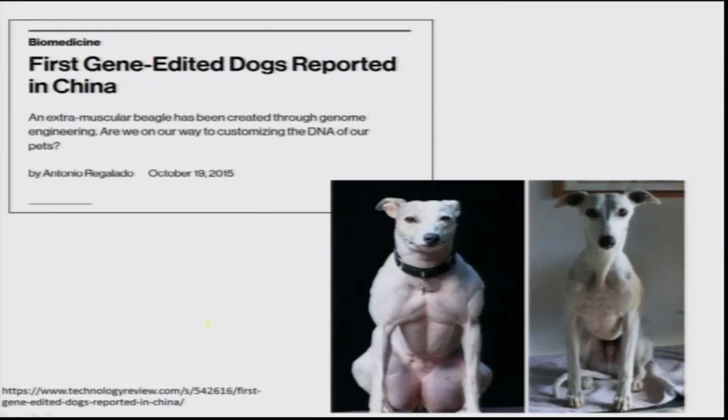A group in China took a normal breed of dog, the embryonic stem cells. They edited the gene myostatin in that embryonic stem cell such that they have introduced the mutation, and they made a chimera and they produced a dog which is like the hero now, a muscular dog you can create.